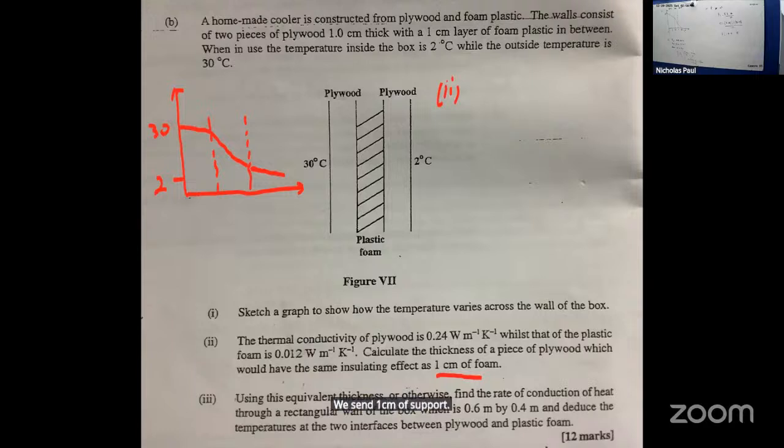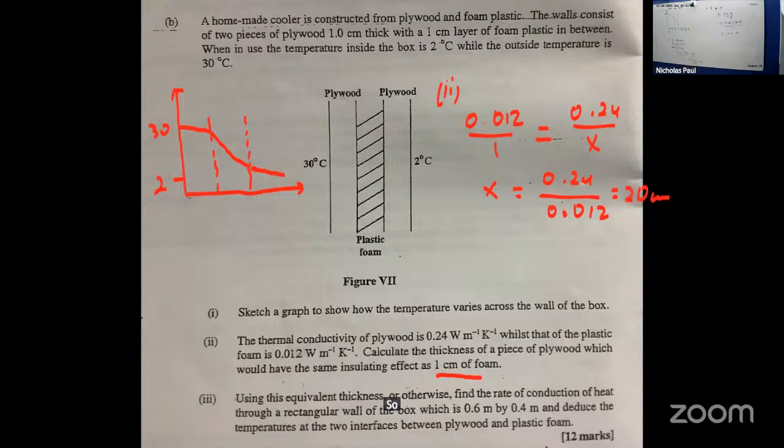Foam is 0.012, and we're replacing it with 0.24 plywood. Cross multiply, x is equal to 0.24 over 0.012. How much did you all get? 20. 20 cm. Nice.